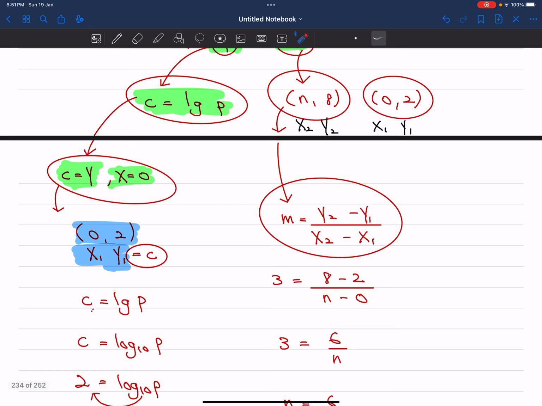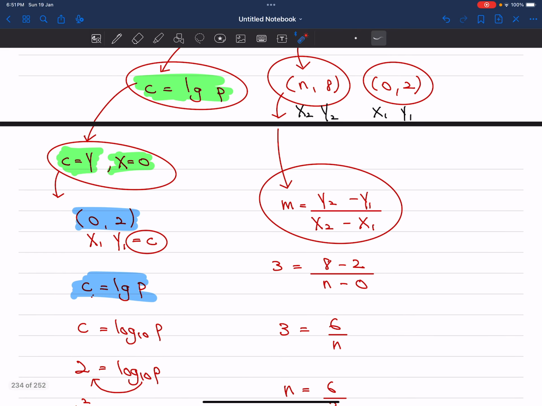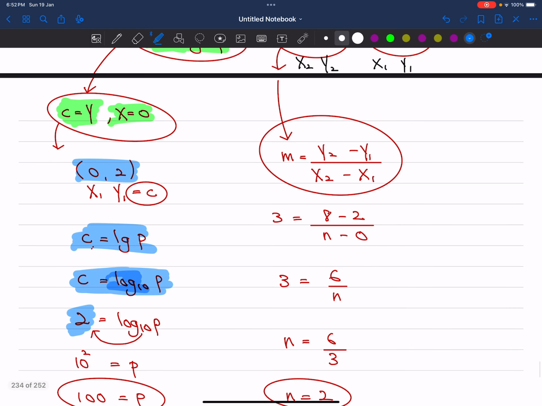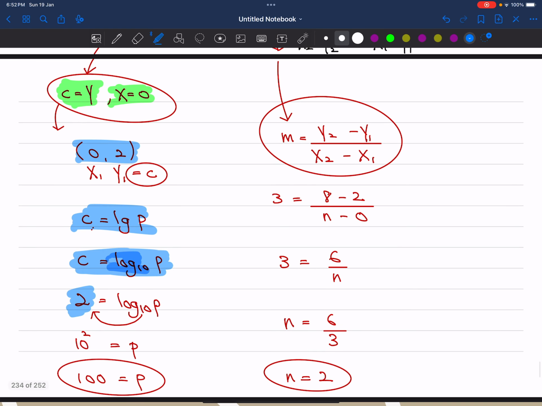So now in this c equals log p, the c I replace by 2, and remember LG is log base 10, so I copy back log base 10. Finally I have 2 equals log p base 10.